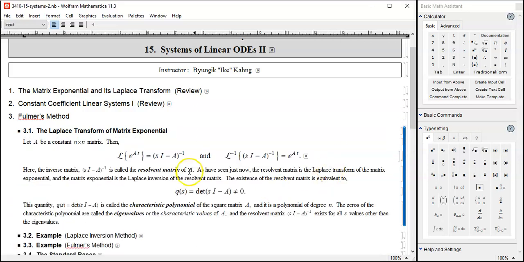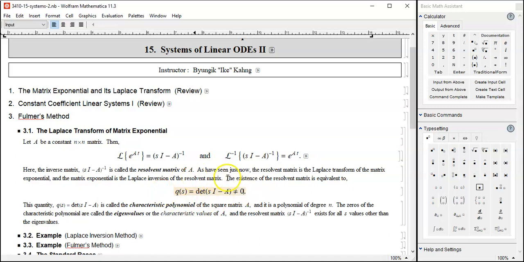Let's come back here. This matrix is called the resolvent matrix, and the determinant of sI minus A is called the characteristic polynomial. And the existence of the inverse matrix is equivalent to the determinant being non-zero.